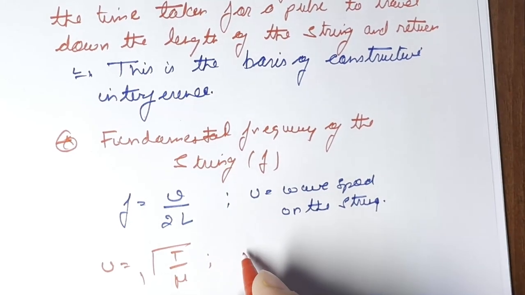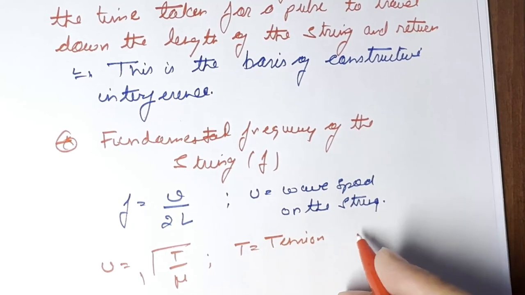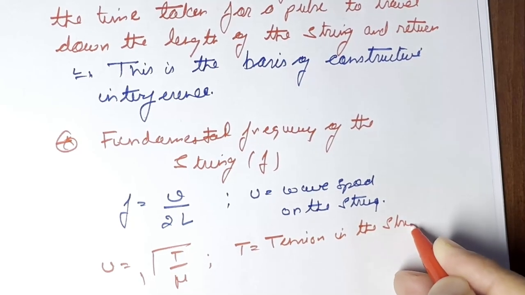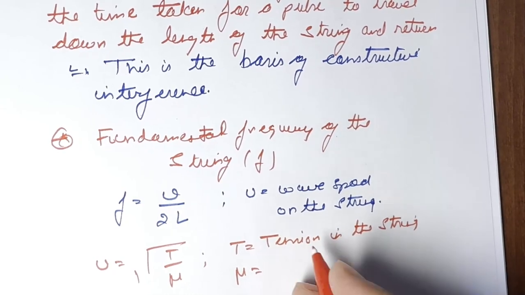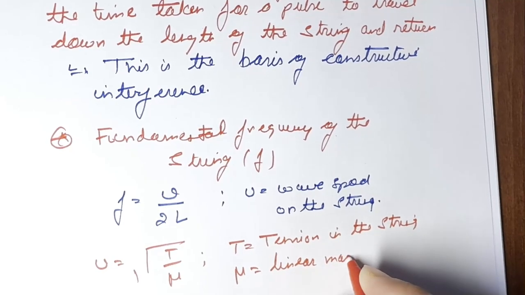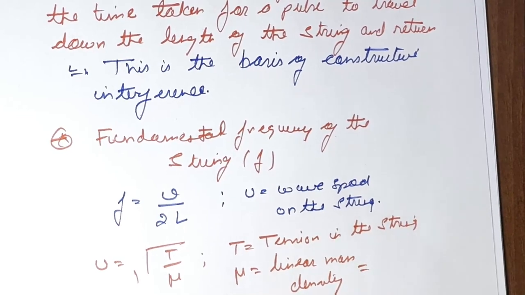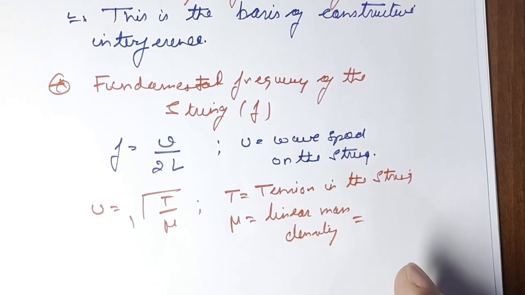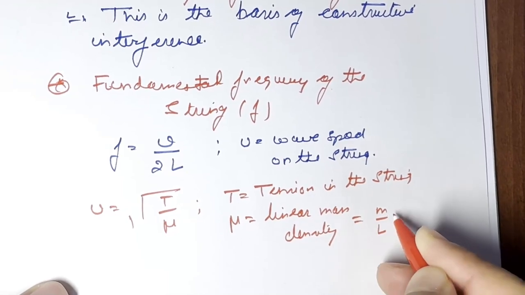T is the tension in the string, and this mu is the linear mass density, which we calculate using the length as well as the mass that is given to us. So mu is mass divided by length.